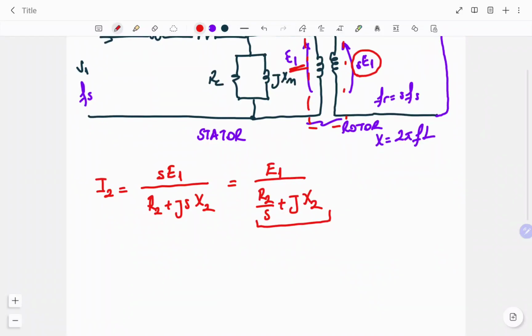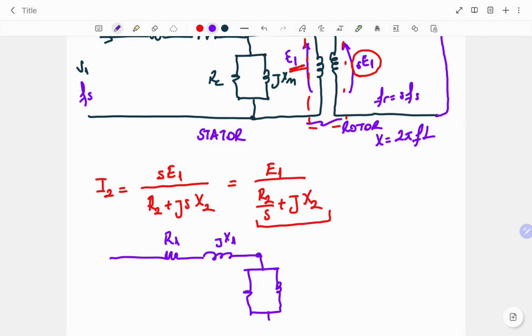That means we need to start with our stator components, which are R1, X1, RC, and XM, which will remain. And we will eliminate the conversion part. We will use our secondary side, rotor side components directly here.